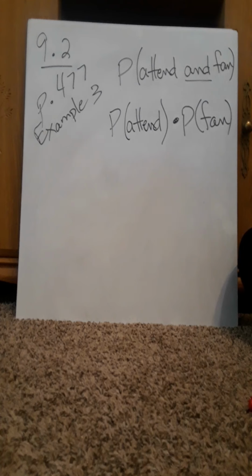So now you're going to look at your table of data, find the probability that they're going to attend. That's at the top. Students who plan to attend the concert. Okay, that's going to be your 70%. 70% of students plan to attend.